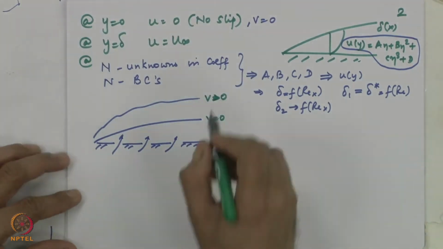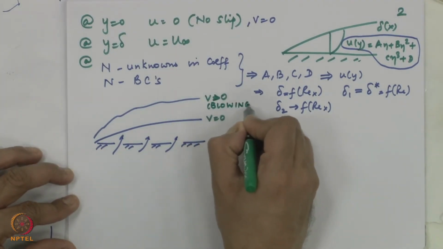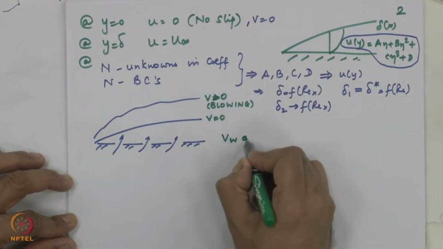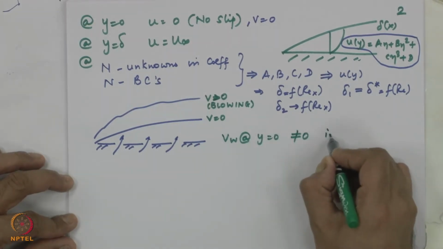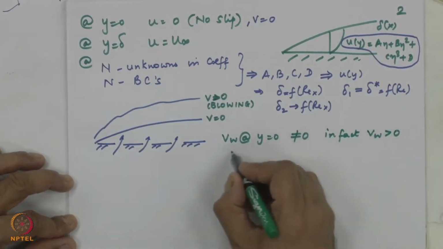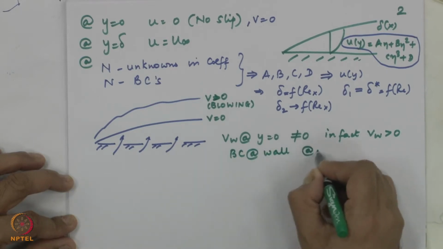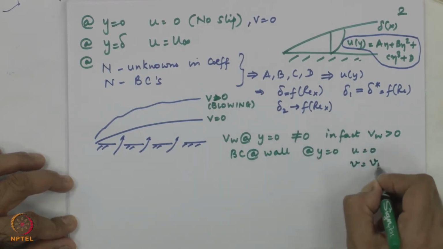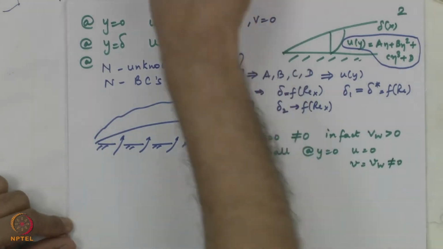This is done artificially, with a concept called blowing. The boundary layer is thickened, in which case VW at y equal to 0 is not equal to 0. In fact, VW greater than 0. So, the boundary condition at the wall would be at y equal to 0, u equal to 0, V equal to VW not equal to 0. So, this is specific to a blowing problem.